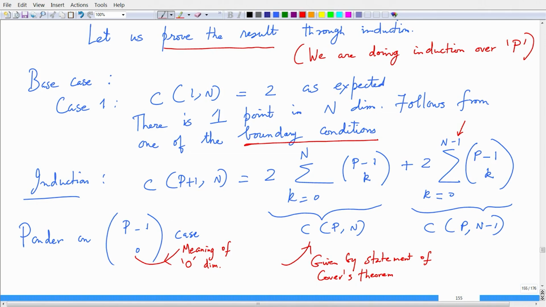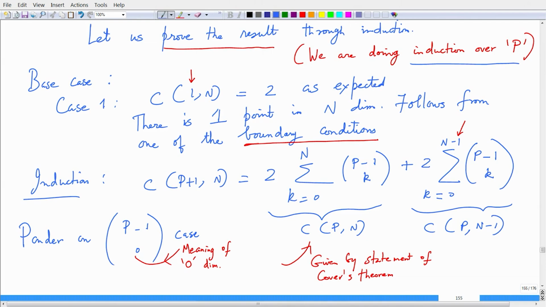The base case was with the number of points m equal to 1, and then we look at the case where it holds for m equals p, and then we consider the case for m equals p plus 1. So, the induction is over the number of points. This is very important. You can do it over the dimension or you can do it with respect to the number of points, but we will do it with respect to the number of points here.